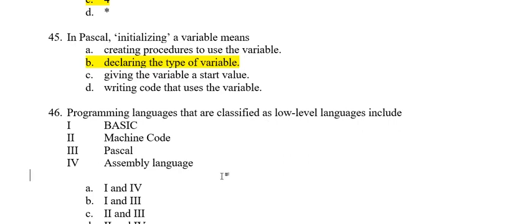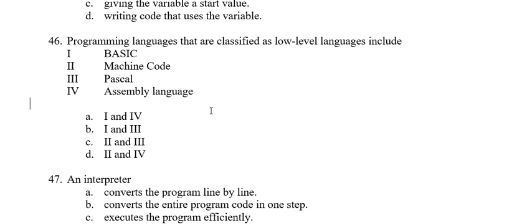56. Let's go back to programming again. Programming languages that are classified as low-level languages. We have different types of level languages. You have the low-level, high-level, and the 4 generations, right? So let's look at it. Basic is a high level.